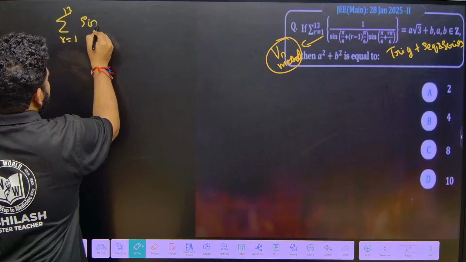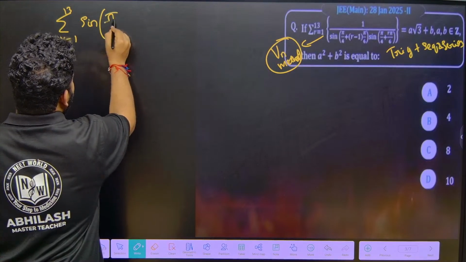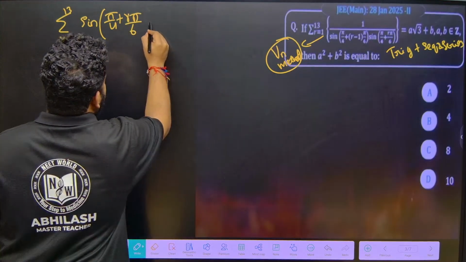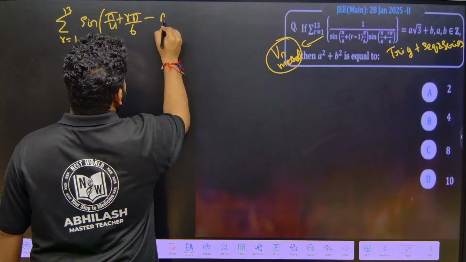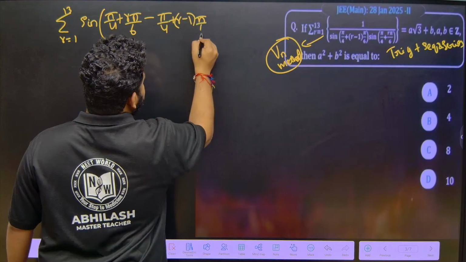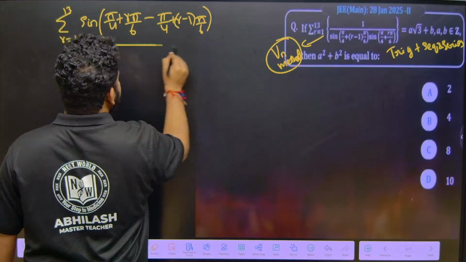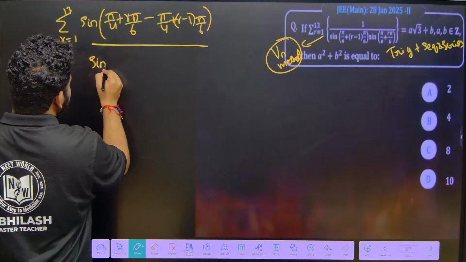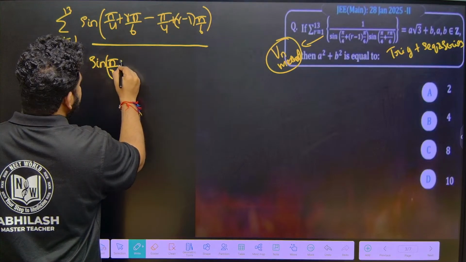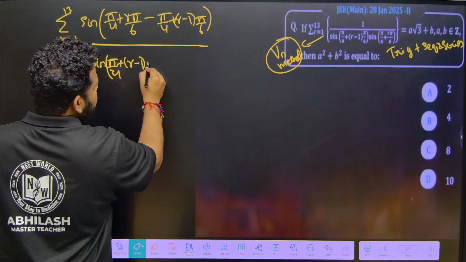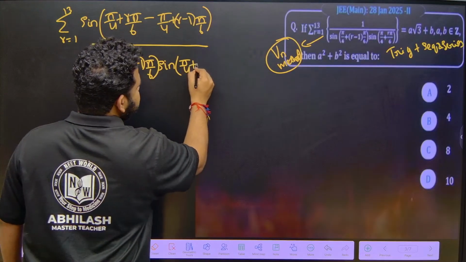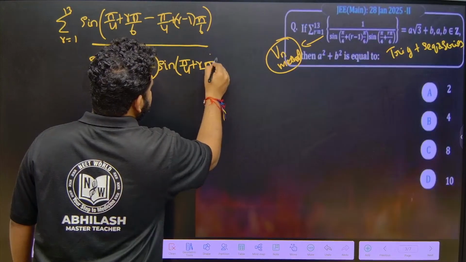The numerator will become sine of pi by 4 plus r times pi by 6, minus pi by 4 plus r minus 1 into pi by 6, divided by sine of pi by 4 plus r minus 1 into pi by 6 into sine of pi by 4 plus r times pi by 6. This is what we have.